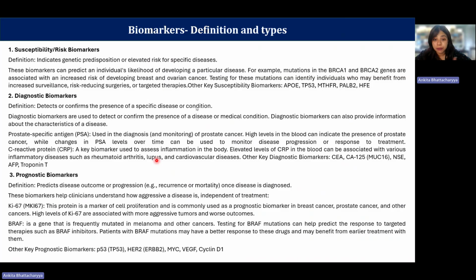Some other susceptibility biomarkers include ApoE and TP53, which is a very common tumor suppressor gene. If somebody has a TP53 mutation, almost indefinitely, you can expect that at some point in their life, they are probably going to suffer from the disease, from cancer, because TP53 is a master molecule that has a huge role to play in maintaining homeostasis within the cell.